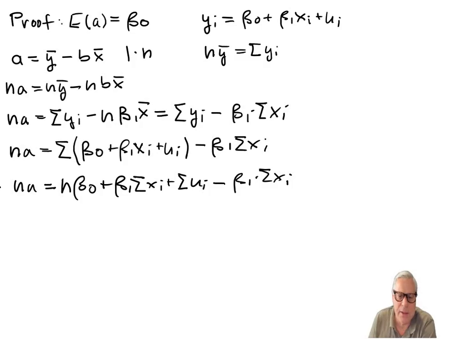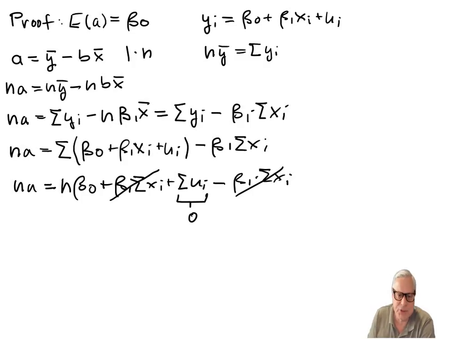So now we see we have beta 1 times the sum of xi minus beta 1 times the sum of xi, so that already cancels out. Well, the sum of ui, the sum of all the residuals, has to be equal to 0, because OLS minimizes the squared deviations from the mean, so the positive and negative values will have to cancel out. So that means that this term evaluates to 0.